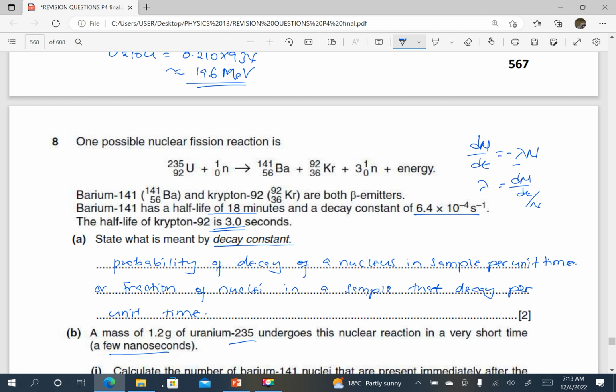The half-life of barium is 18 minutes, yet the half-life of krypton is 3.0 seconds. So what does this imply? It implies that the activity of krypton is going to be negligible, because see how small its half-life is. The examiner wanted us to realize that the activity of krypton is too small to matter.